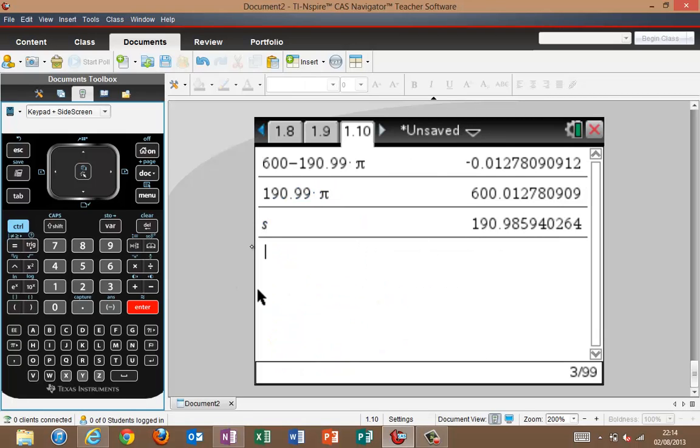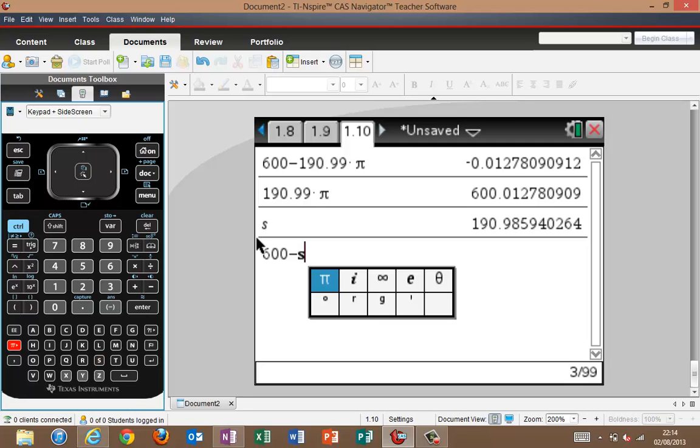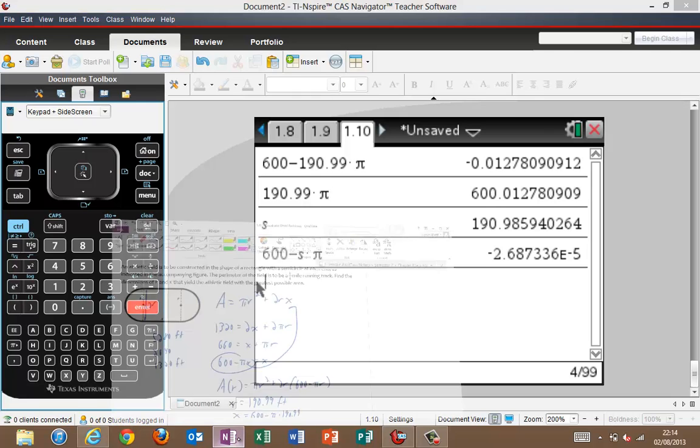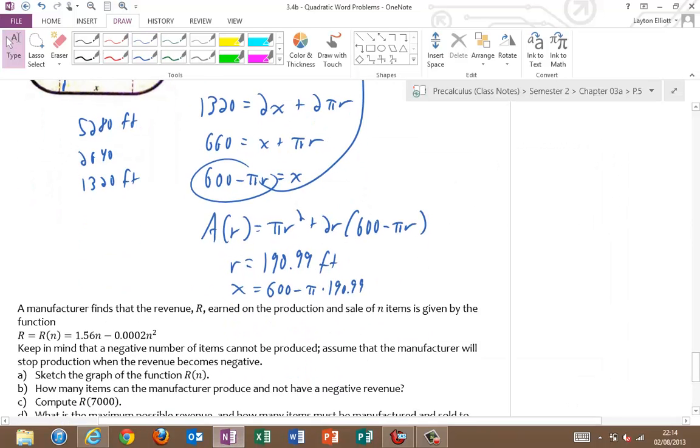As I'm trying to figure out what's going on here, I realized that if I took the full unrounded value that I've stored as s here, and I did 600 minus s times this pi, I get a number that's really tiny. I basically get 0. So the maximum area actually occurs when x is equal to basically 0.